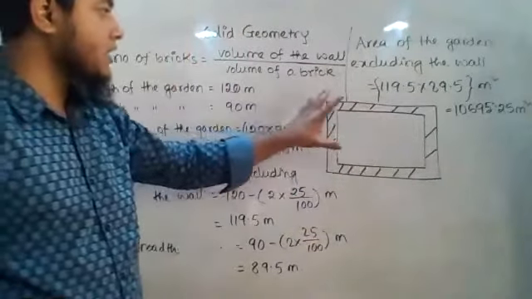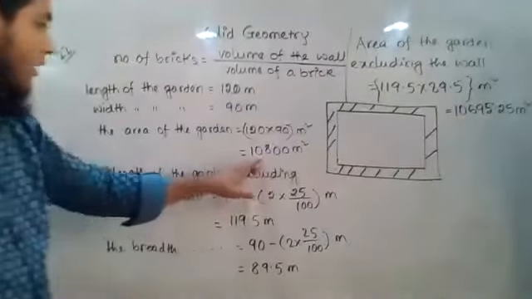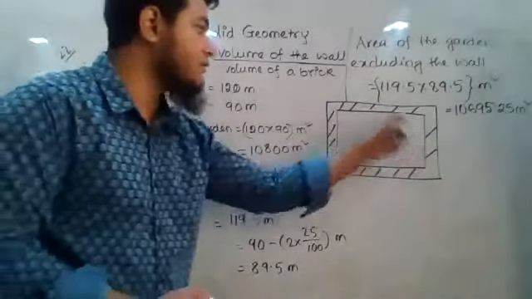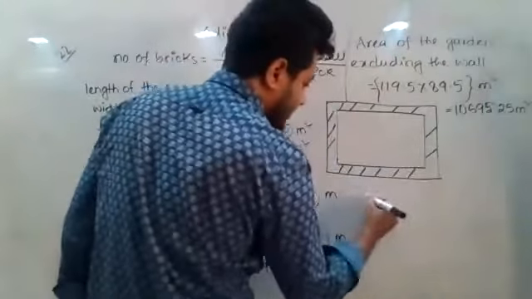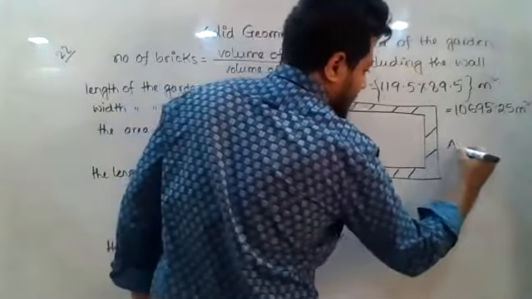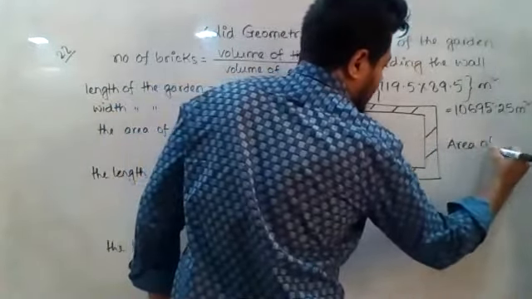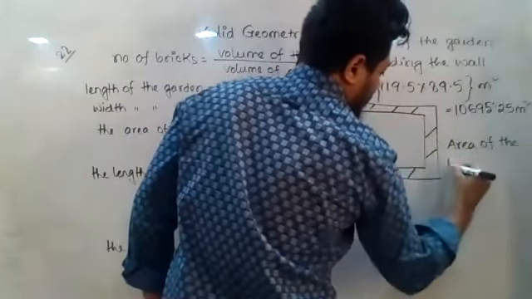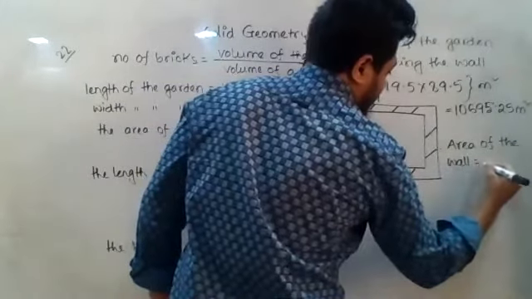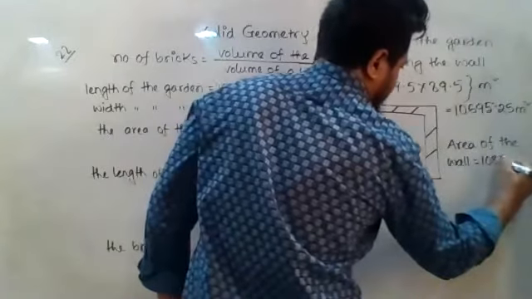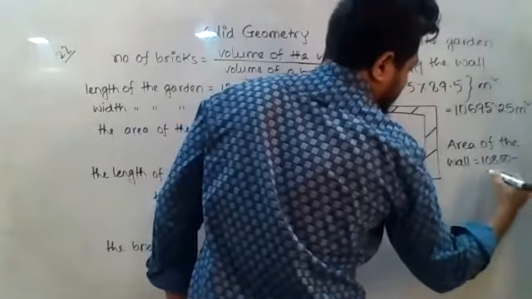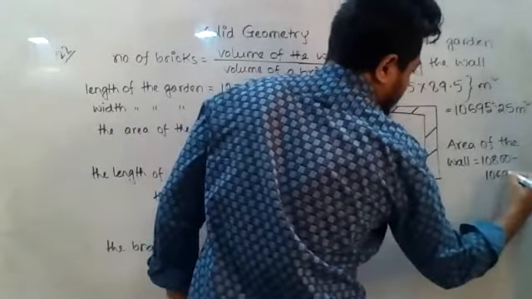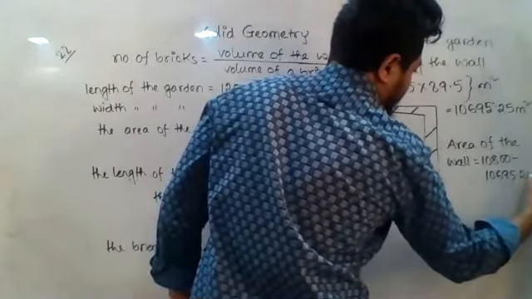If I subtract the inner area from the outer area, I will get the area of the wall. So the area of the wall is equal to 10800 minus 10695.25.